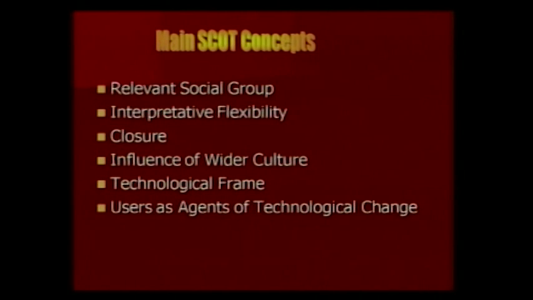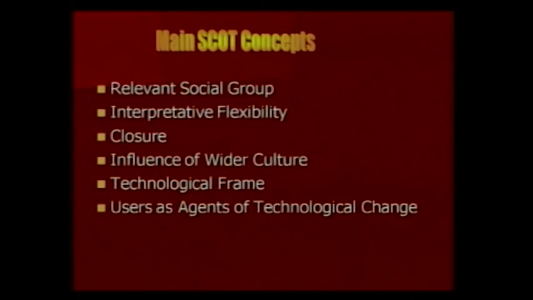One more concept: users as agents of technological change. This is the development that Klein and myself came up with in this article in 1996. When we first talked about interpretive flexibility, that technologies could have more than one meaning, there was a struggle over the meaning of technology.